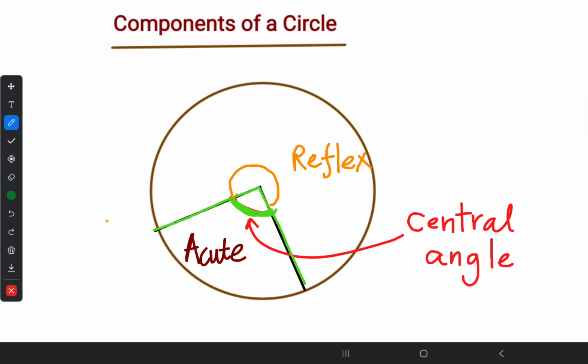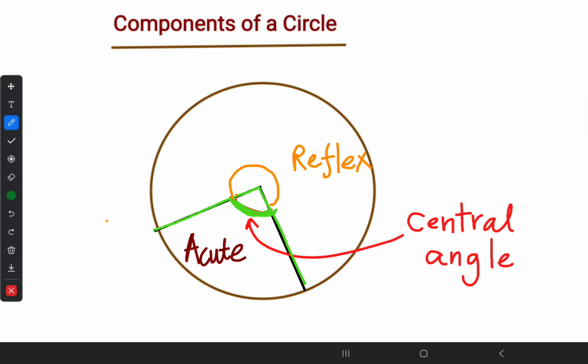When you connect two points in a circle, that would be a chord, and the chord will truncate the total area of the circle, creating minor segment and major segment, minor arc, major arc. Then finally the area bounded by two radii and an arc is a sector, minor sector and major sector.